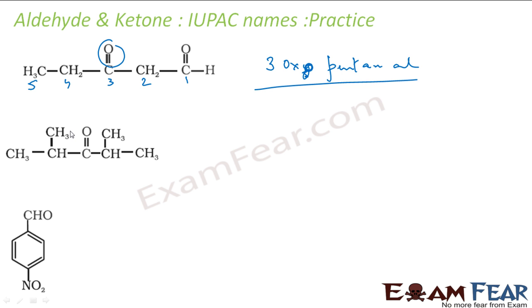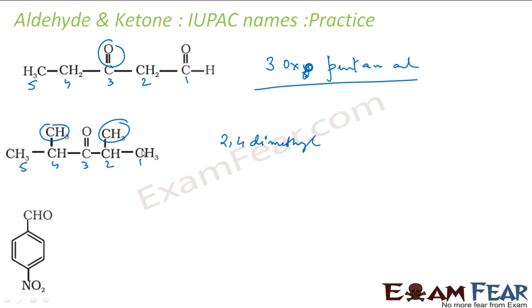Let's check this. Again, since it's symmetrical, I can number from here to here or left to right, it doesn't matter, it's all the same. If you draw a line here, the left hand side and right hand side are all the same, it's all symmetrical. So now let's try to name this. In this case, if you see at 2 and 4, there's a methyl group. So it will be 2,4-dimethyl. That means I'm done with my substituents.